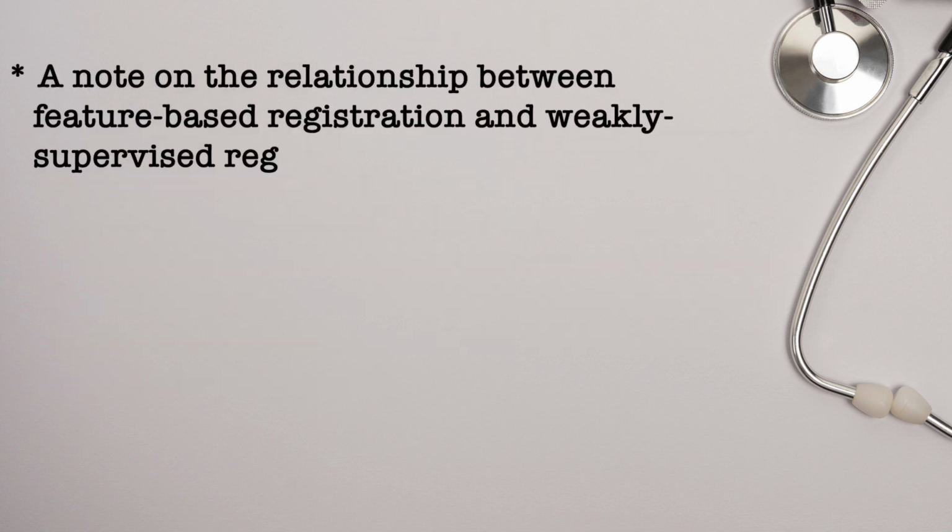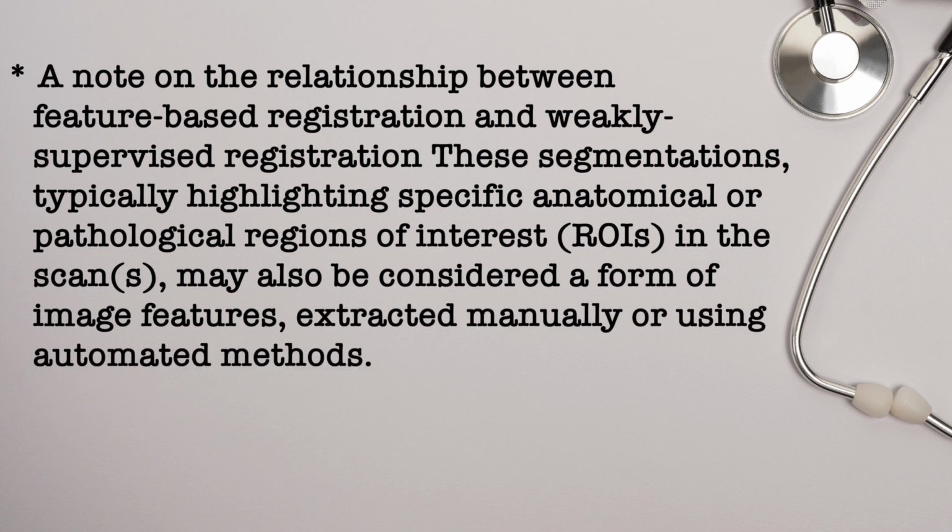A note on the relationship between feature based registration and weakly supervised registration. These segmentations, typically highlighting specific anatomical or pathological regions of interest, that is ROI, in the scans may also be considered a form of image features extracted manually or using automated methods.